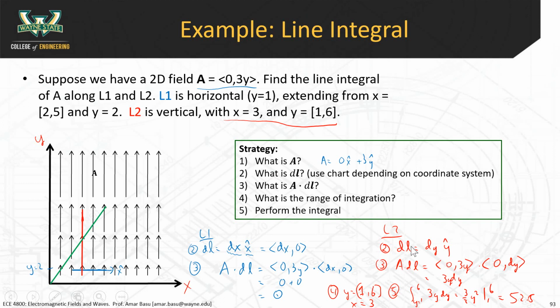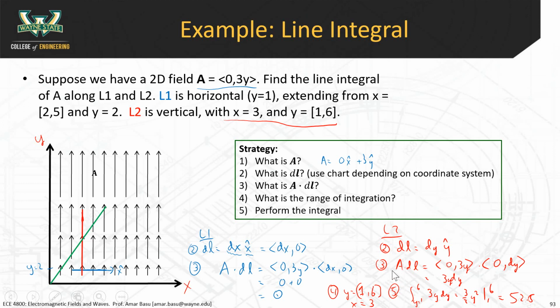Along the second line, we did an example where we actually had to figure out what A dot dl is. We know what A is. dl in this case, on the vertical line, is just y hat times dy, because now you have a vertical line, so your differential vector goes in the y direction. So dl is equal to dy times y hat. Then you take the dot product A dot dl, and notice that in this case it's not equal to 0.